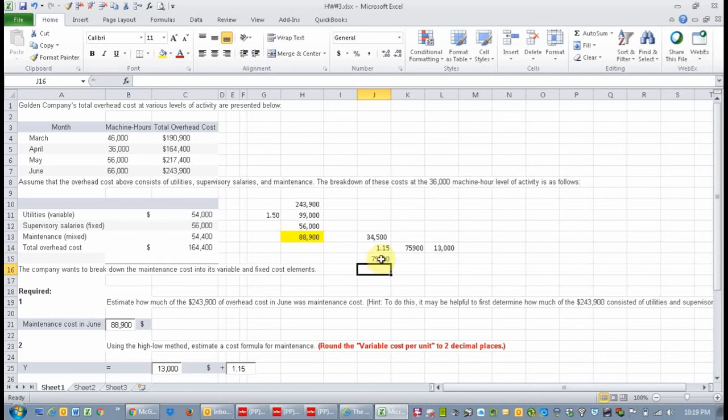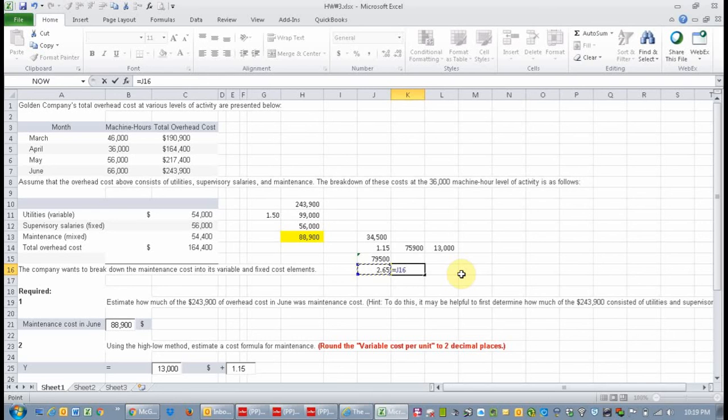That gives us a difference of $79,500. Again, divide this by the 30,000 hour difference between the two levels, and that gives you a variable portion of $2.65.